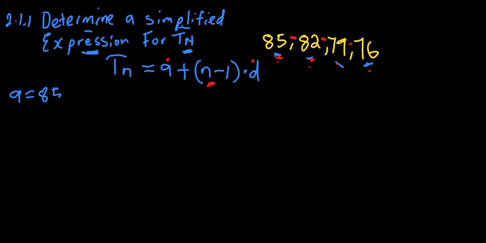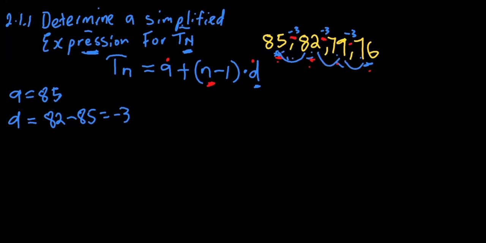The common difference D is the difference between the consecutive terms, so D is equal to 82 minus 85, which is equal to negative 3. Remember the definition of an arithmetic sequence: a sequence of numbers where the difference between any two consecutive terms is a constant.